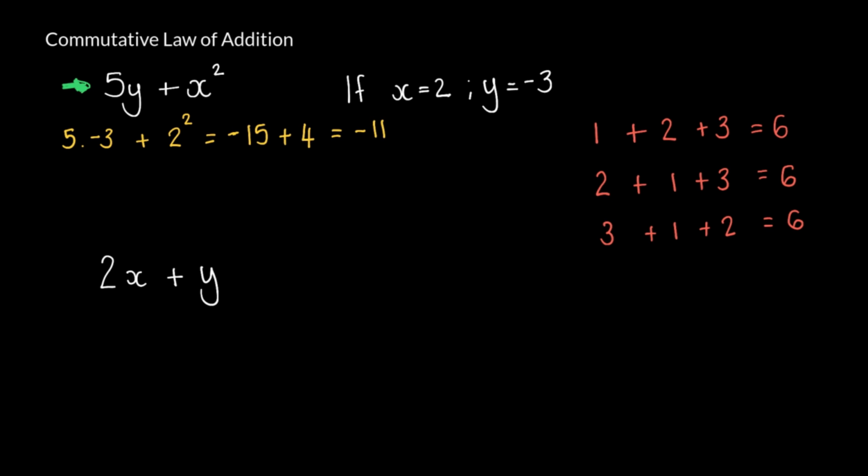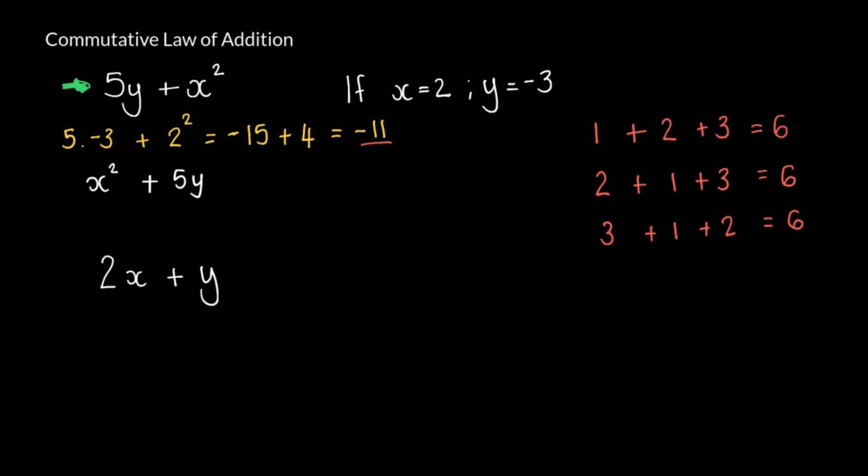Now let's see what happens when we flip the script and we write x squared plus 5y, because those two are exactly the same. So now we're going to write here x squared plus 5y, and we're going to do the exact same thing with the exact same numbers, and it should give us the answer -11. Let's see if it does.